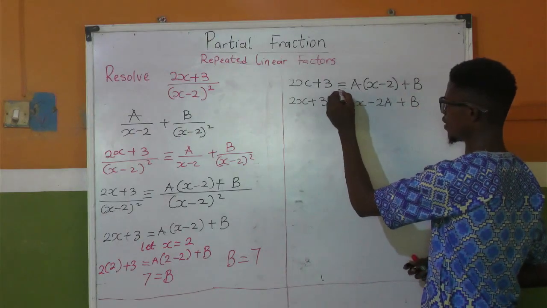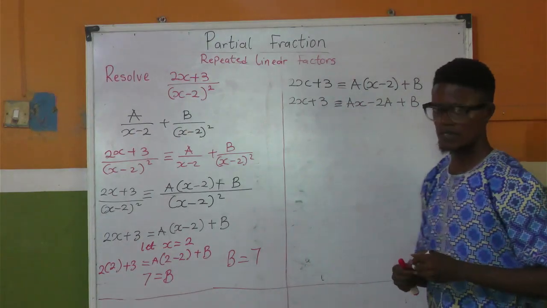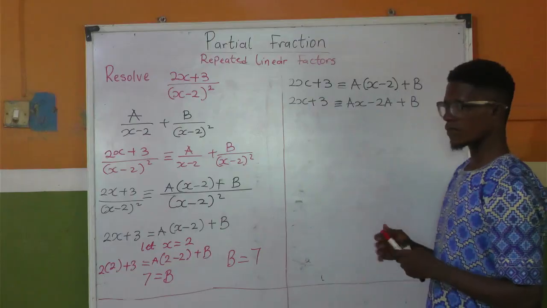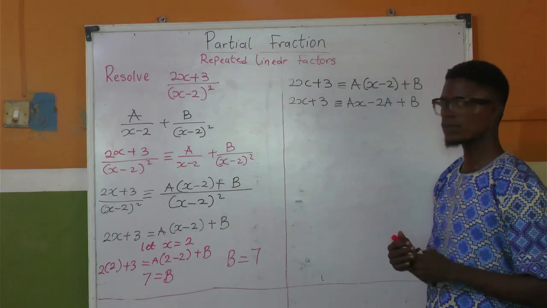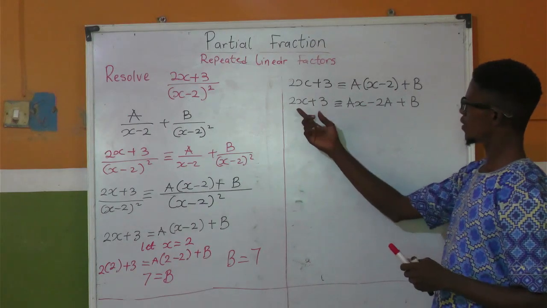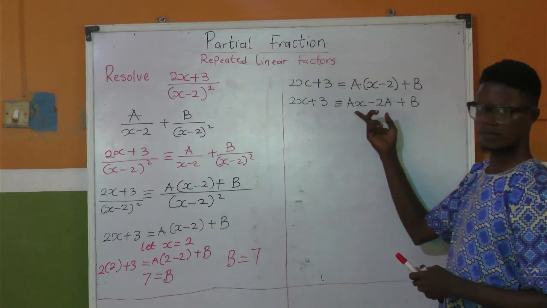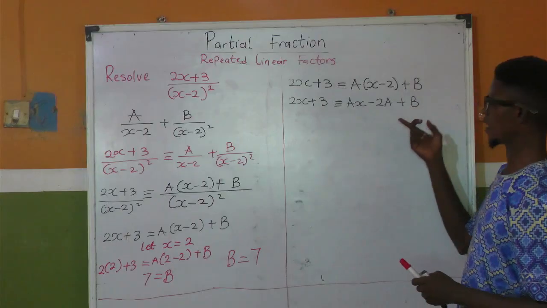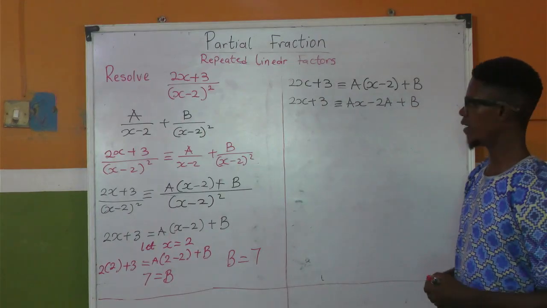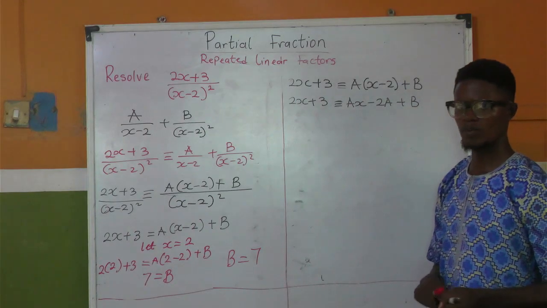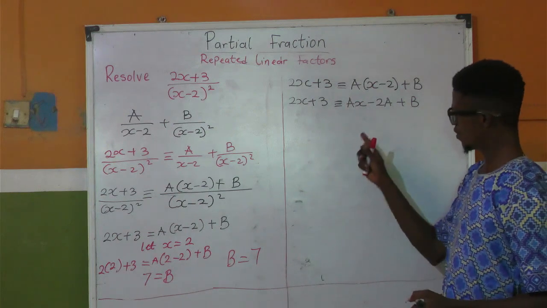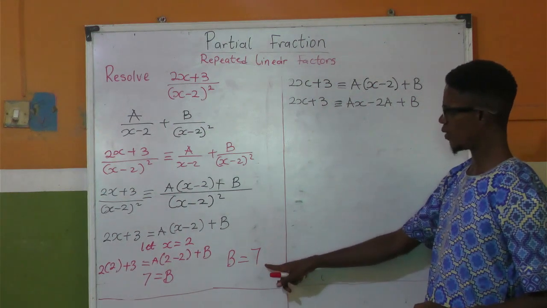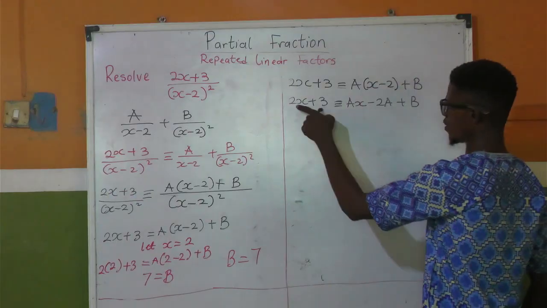This three-bar symbol indicates equivalence. 2x and ax, I can say they are the same thing. Then the constants can be grouped together. Since we already have a value for b, I will leave that, and just take the 2x and ax.